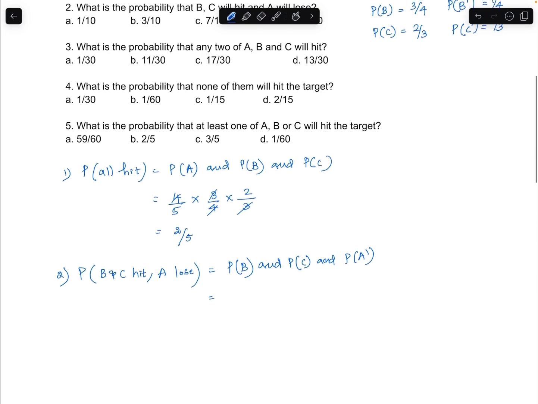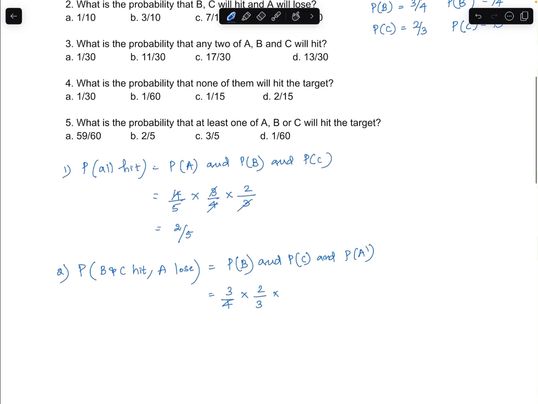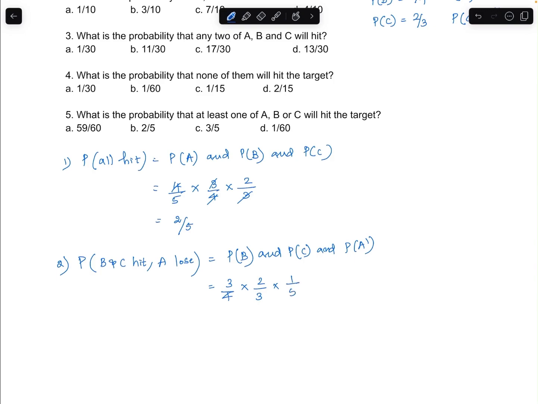P of B is 3 by 4 into 2 by 3 and P of A dash is 1 by 5, which is 1 by 10.